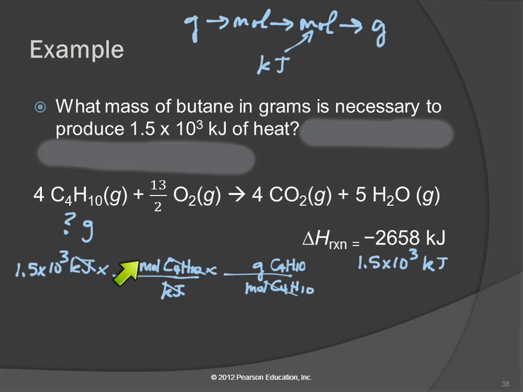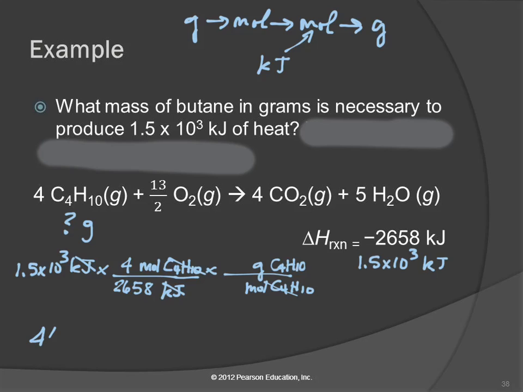The relationship between moles and kilojoules comes from the balanced chemical equation. We find C4H10, and there's a 4 in front of it. That means 4 moles of that will generate this amount of energy: 2658 kilojoules. Grams to moles is the molar mass. That's where you look at the periodic table and the chemical formula.